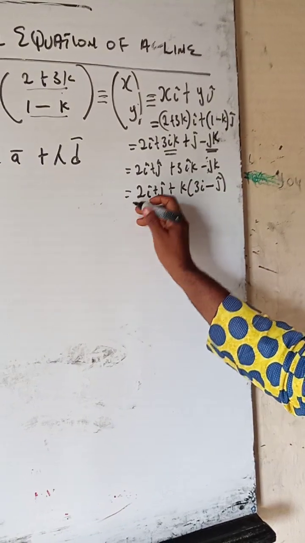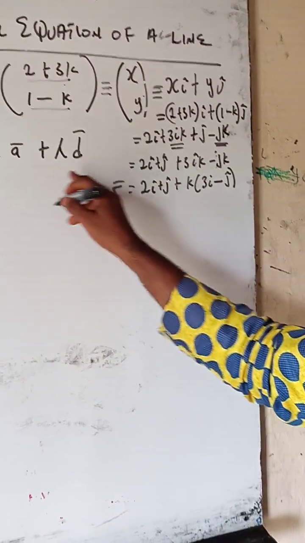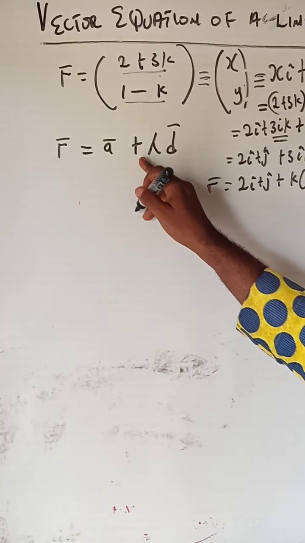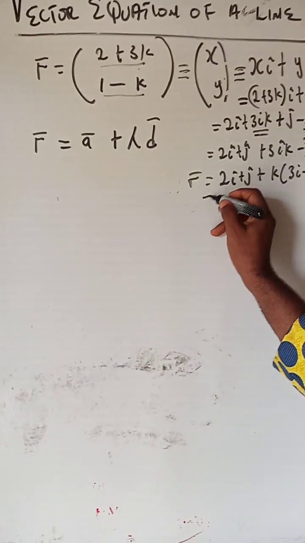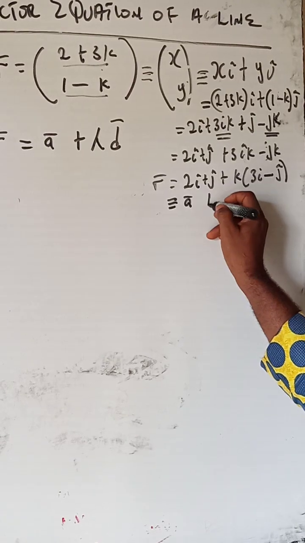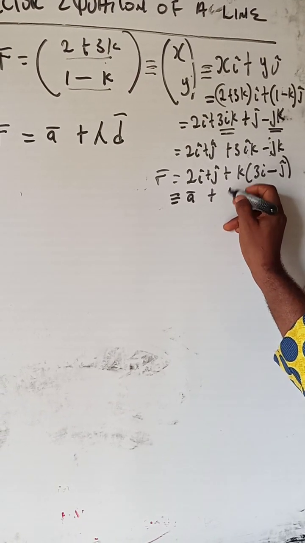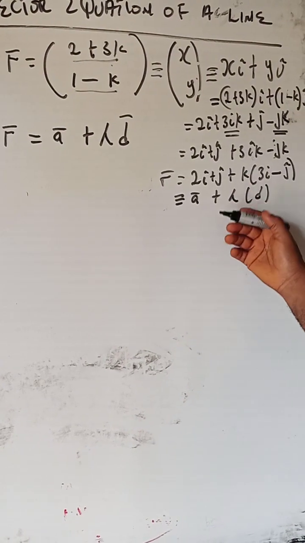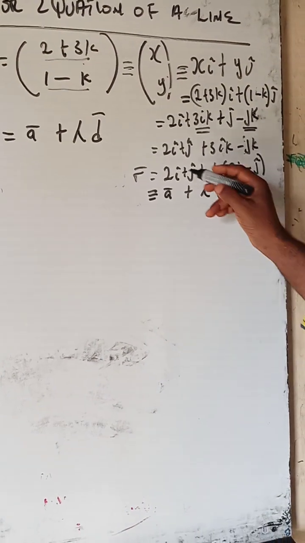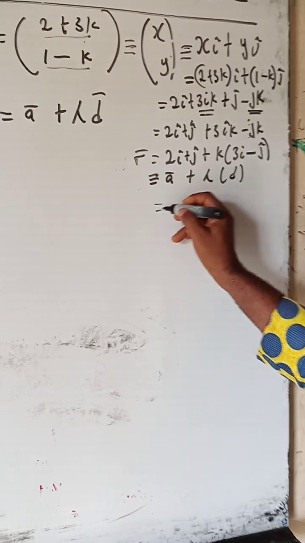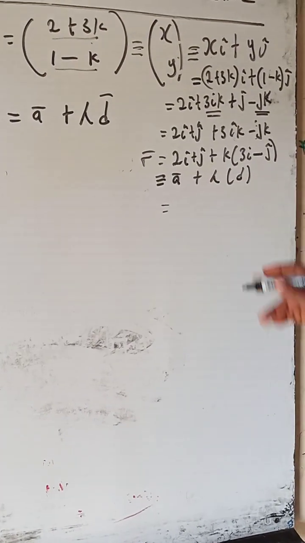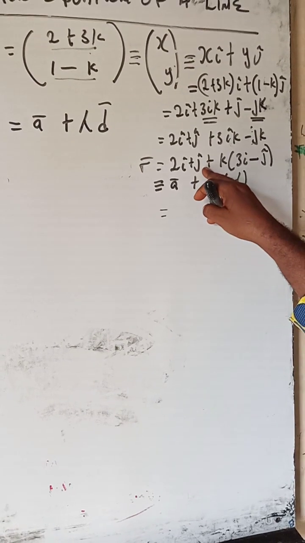So if you compare this with the standard vectorial equation of a straight line, a plus lambda d, we can see that these are similar. In this case, what I have here can equally be written in column form.